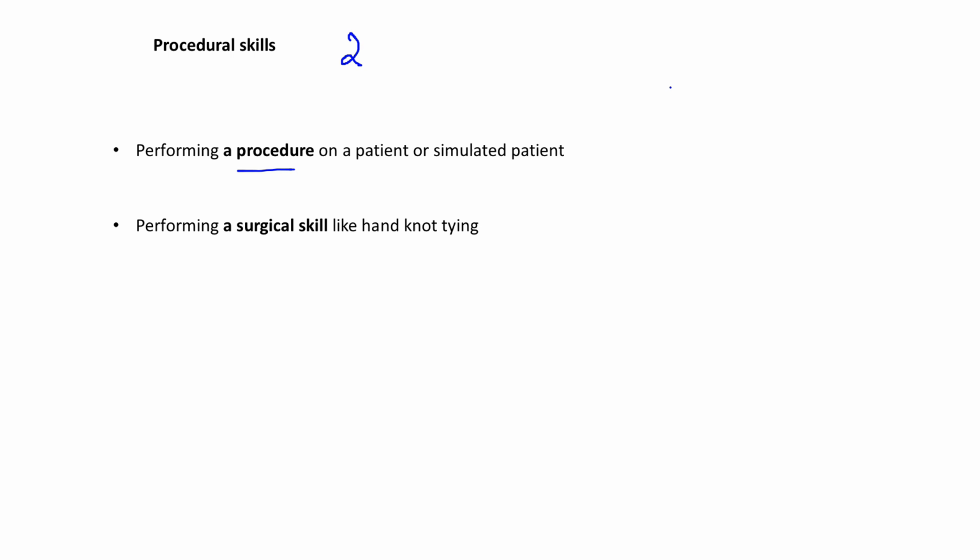And in the second station, you are assessed on a surgical skill. Surgical skill means hand knot tying or instrument knot tying, and you perform these skills in the second station. So in one station there will be a simulated patient, in the other station there may not be any patient.